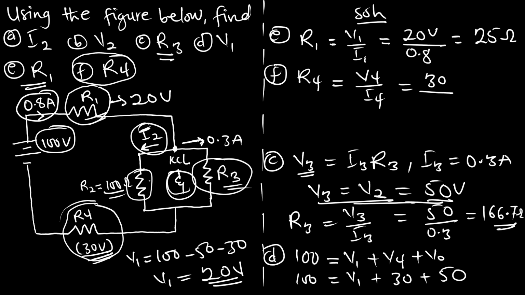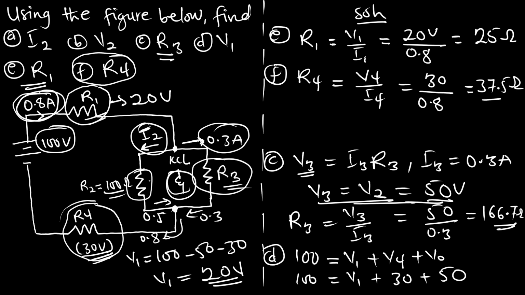At this junction, if 0.5 is coming and 0.3 is coming in, there will be 0.8 current, the same as the starting current moving through resistor 4. So that is 0.8, and this is going to give us 37.5 ohms. So this is the solution for the problem.